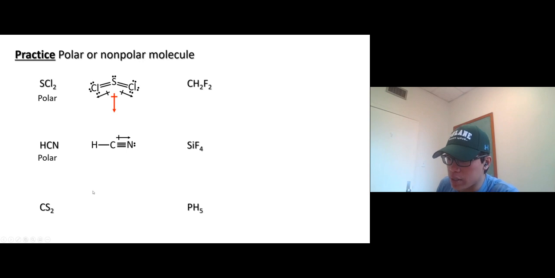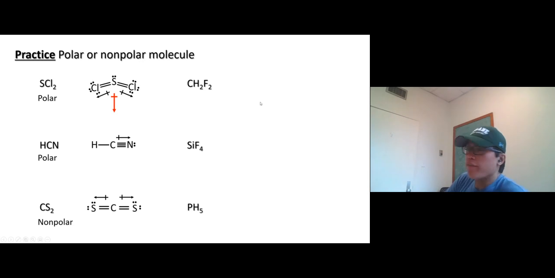All right, next one, carbon disulfide. The Lewis structure should look like that, and this is linear. Carbon and sulfur, of course sulfur beats carbon, so go towards sulfur. Sulfur on the left side, go towards sulfur as well. What's going on here? They cancel in the middle. So CS2 is a nonpolar compound.